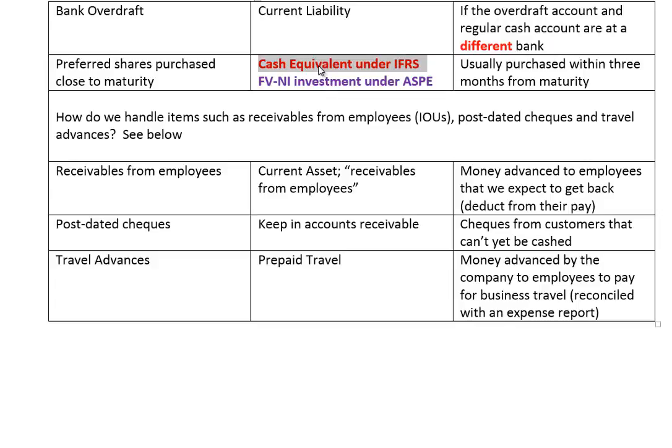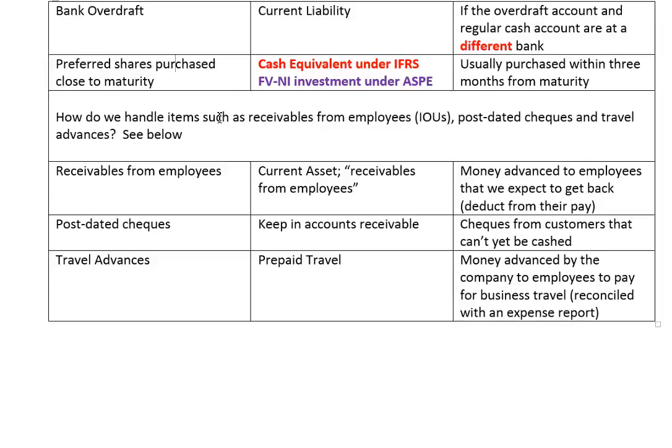We normally don't see cash equivalents as shares, but because they're purchased so close to maturity, and we know exactly what we're going to get back because they have a term at which time they mature, and we'll get back our principal, the idea is that they're treated like a cash equivalent. But the idea is usually these preferred shares would be purchased within 3 months of their maturity date.